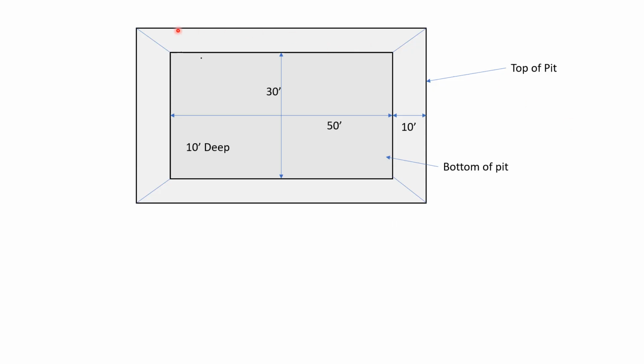I've got a little diagram to help us out here. It's 30 by 50 at the bottom of the pit. Since it's 10 feet deep, you're going to need to slope it 10 feet out. It's 1 to 1.